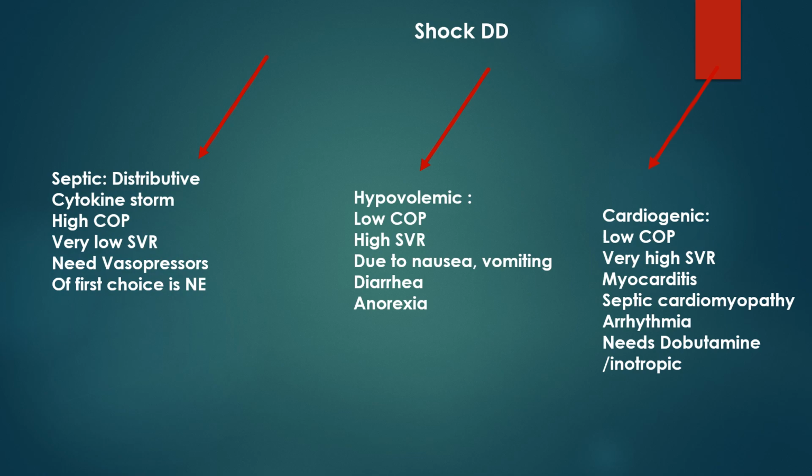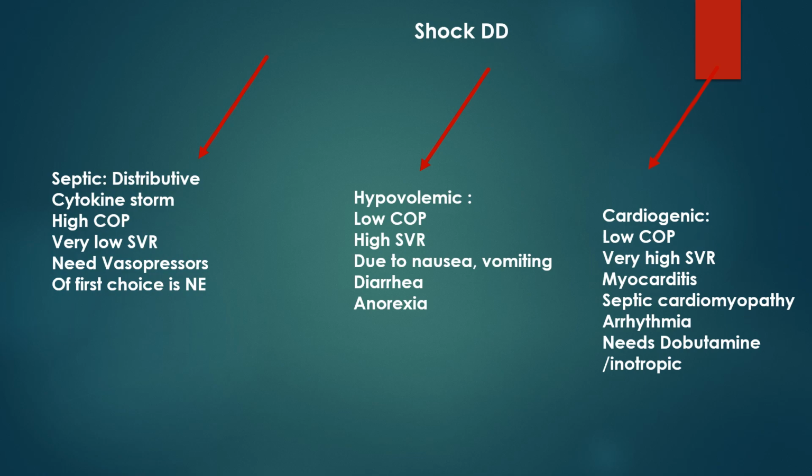You have to keep in mind that those who are septic, or might appear septic, might also be cardiogenic, or to start with they are cardiogenic, not septic, with low cardiac output and very high SVRI. The danger here is that if you ignore the presence of cardiogenic shock in those who appear septic and you use vasopressors instead of inotropes, you are going to worsen the cardiac function, and this will be associated with worsening outcome.